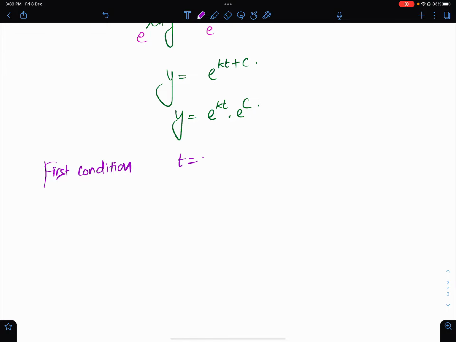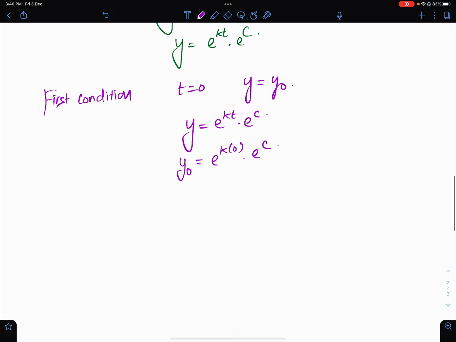Take the above answer, e power kt times e power c. Change y as y naught and t as 0. So y naught is equal to 1 times e power c. So e power c is nothing but y naught.